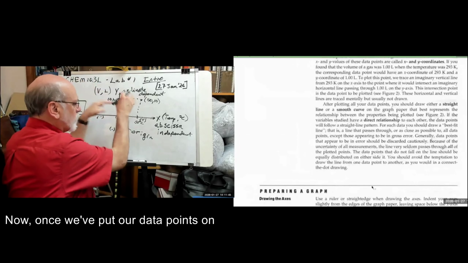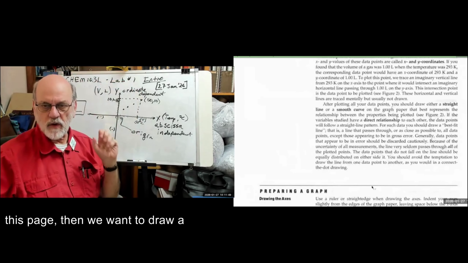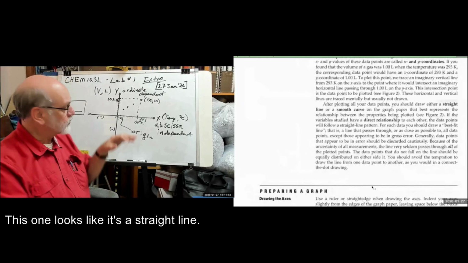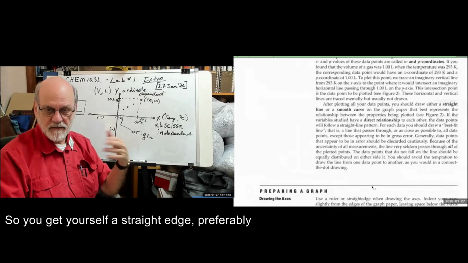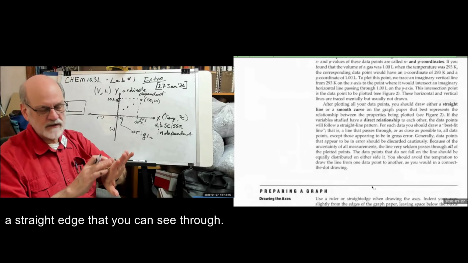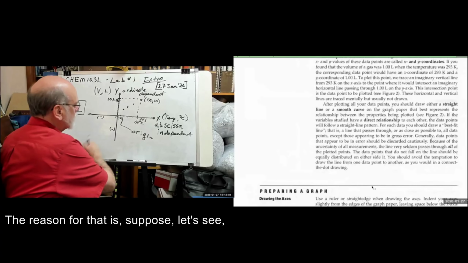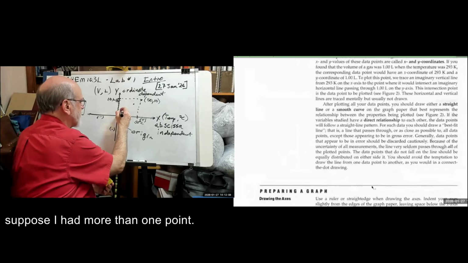Now, once we've put our data points on this page, then we want to draw a best fit line. This one looks like it's a straight line. So you get yourself a straight edge, preferably a straight edge that you can see through. The reason for that is, suppose I had more than 1 point.